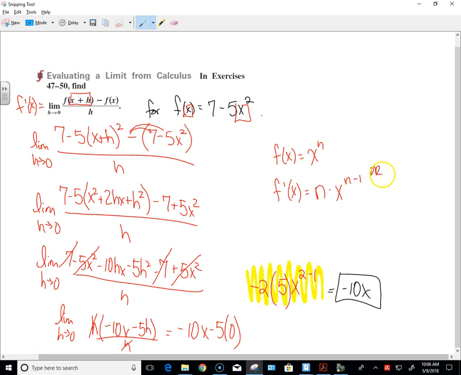And a special application of that is actually combining another basic rule that says if you have some constant in front, like 5, you can go ahead and bring down the n, keep the constant, x to the n minus 1, which is what I did.